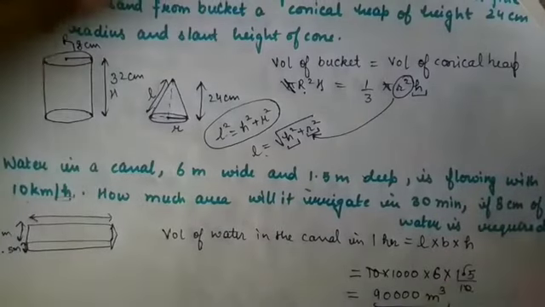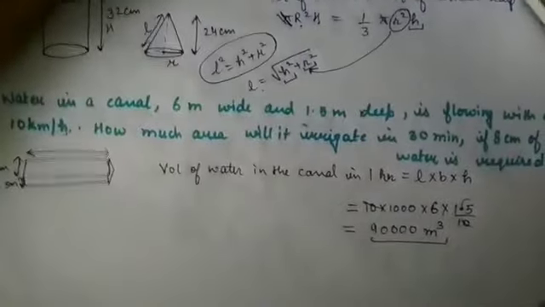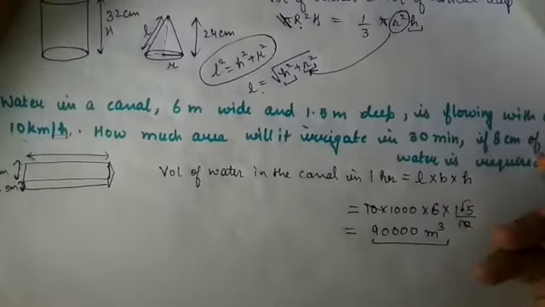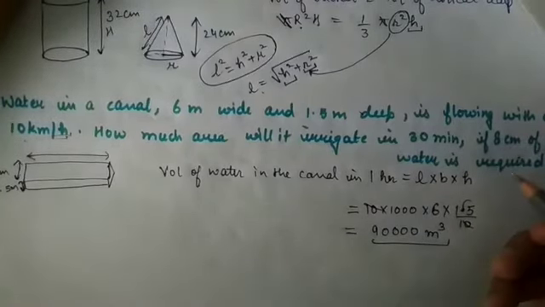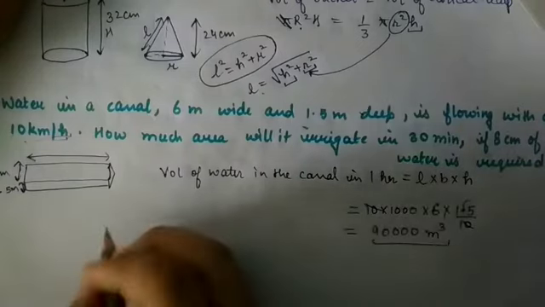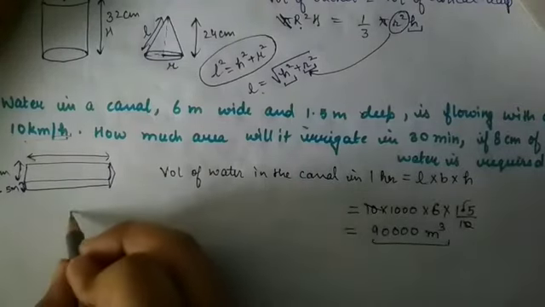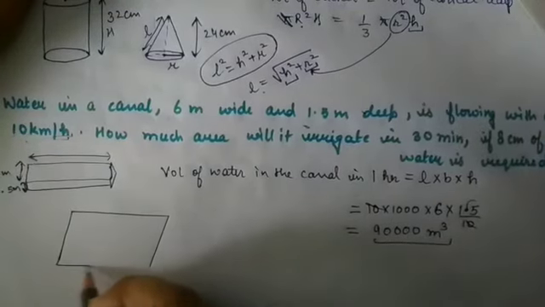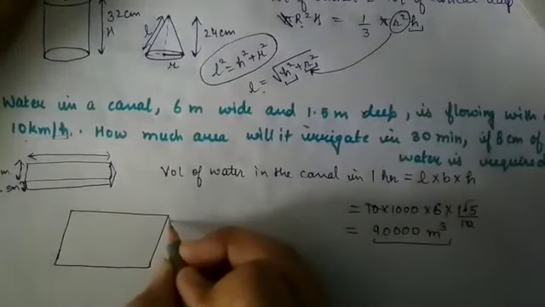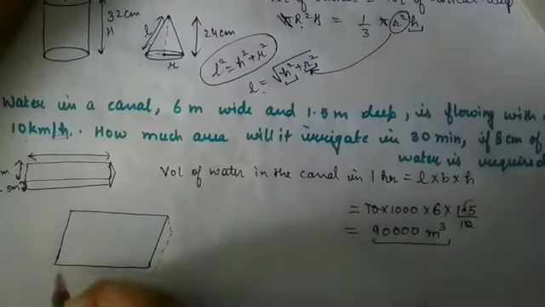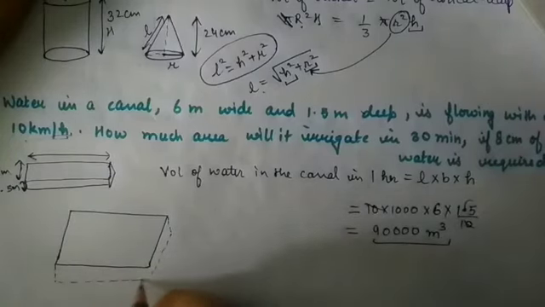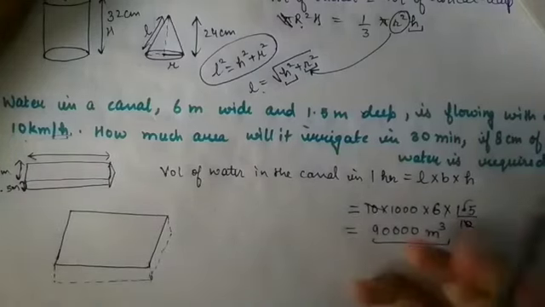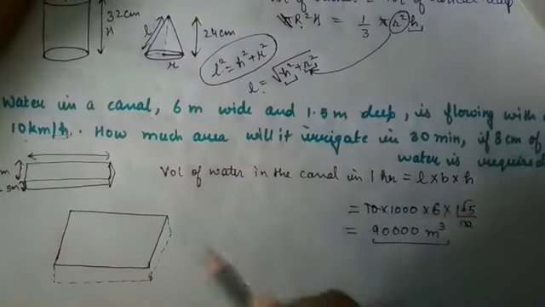Now they are asking how much area will it irrigate in 30 minutes if 8 centimeter of standing water is required. 8 centimeter of standing water means if this is the place that they want to irrigate, this will also be in the shape of a cuboid only, and the height would be equal to 8 centimeter because 8 centimeter of standing water is required.